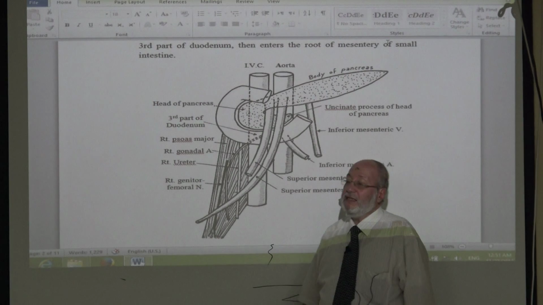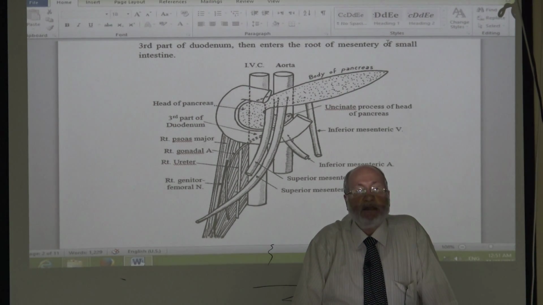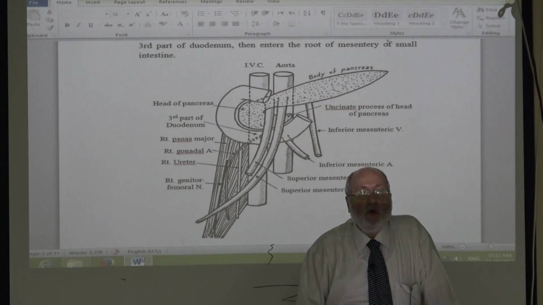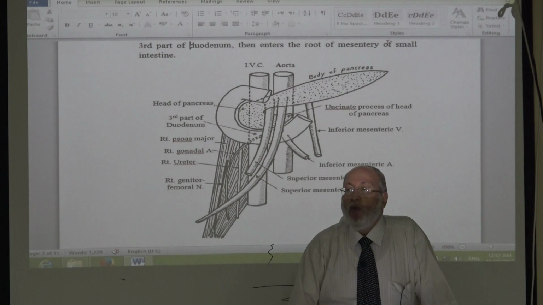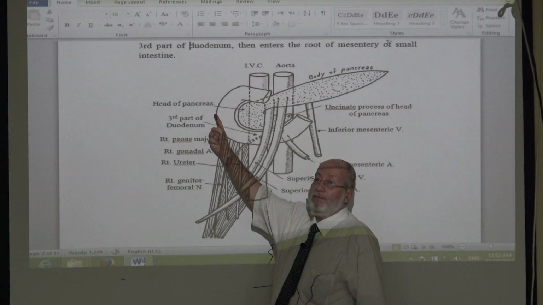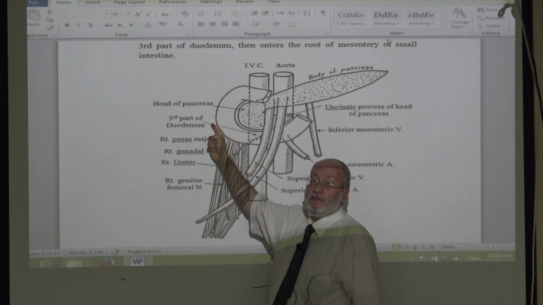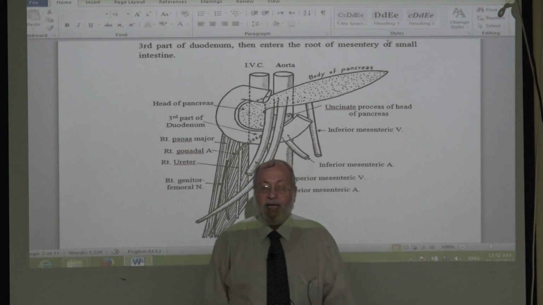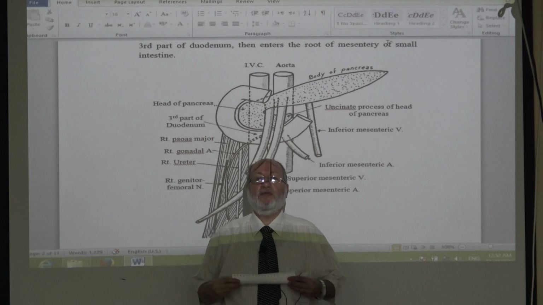Okay? What are the branches of the superior mesenteric artery? What is the aim of the superior mesenteric artery? Supplying all the structures derived from the mid-gut. What are the structures derived from the mid-gut? From the ampulla of Vater till the junction between this part of the colon.